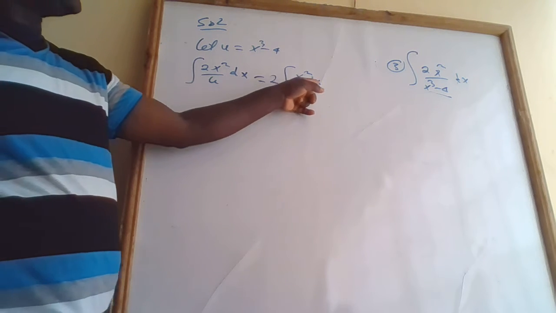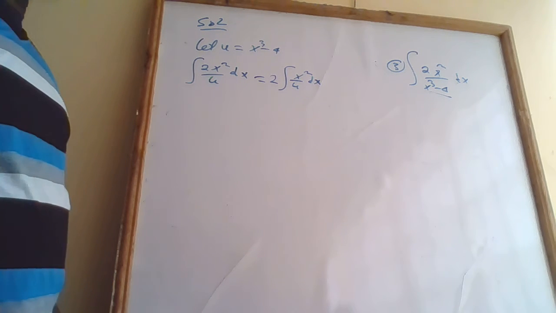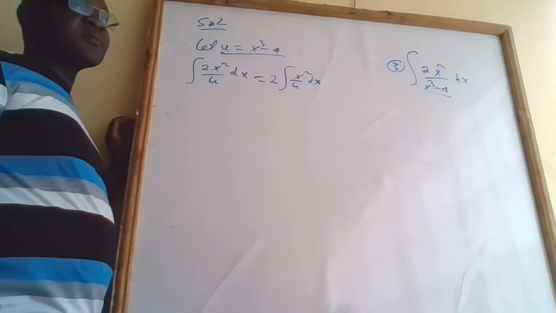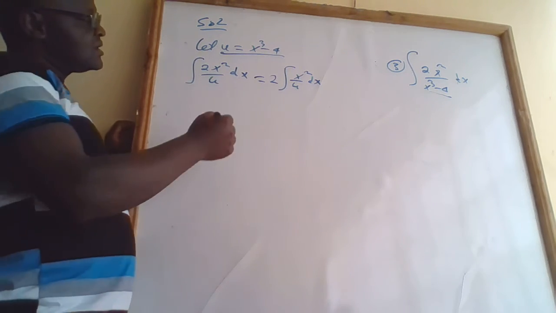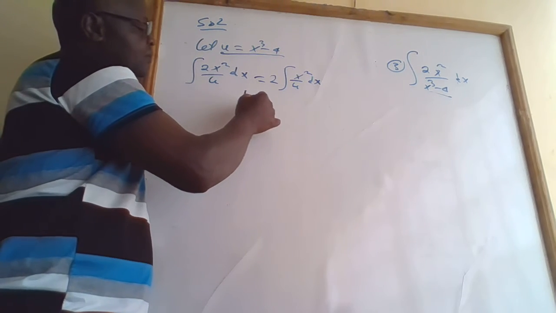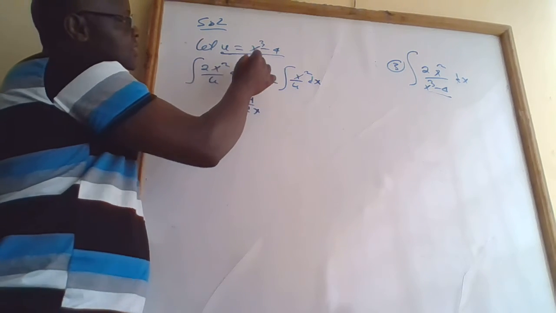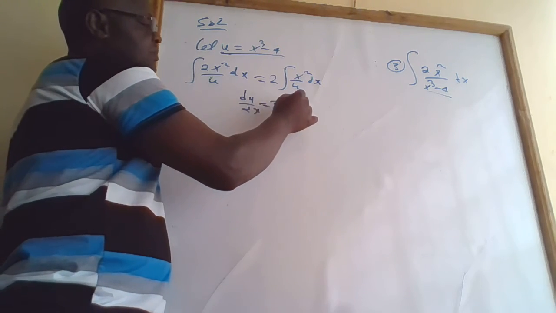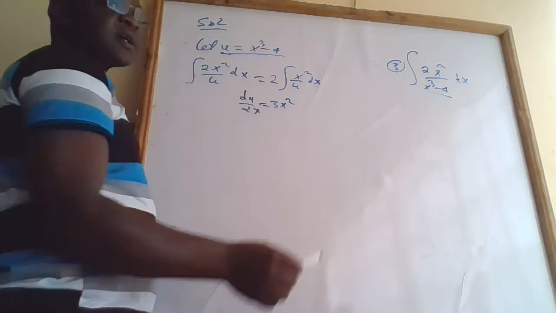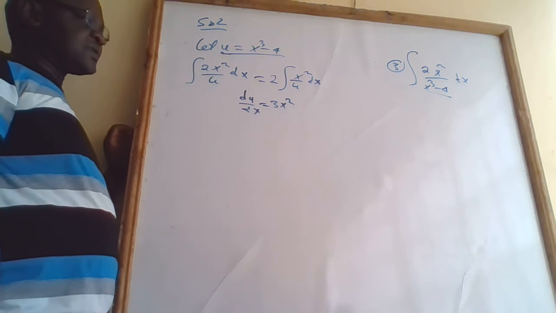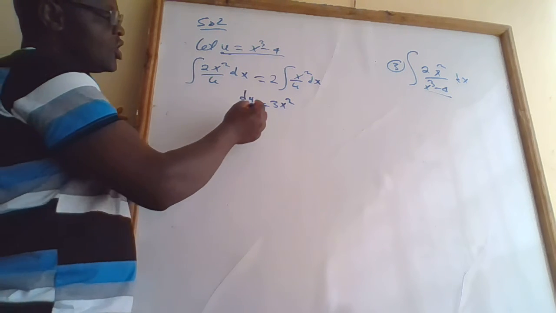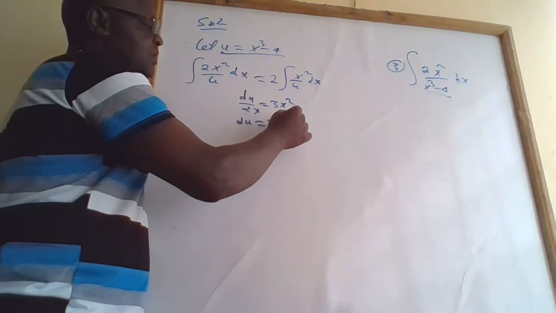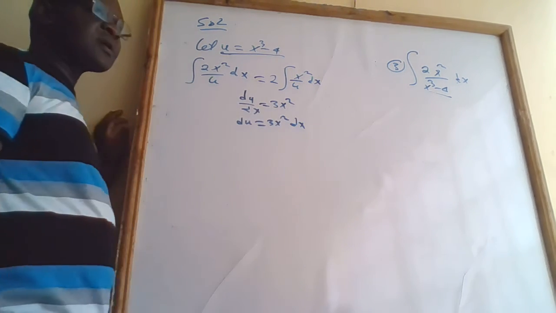Again, we need to express dx in terms of du. For us to achieve that, we differentiate the equation with respect to x. Therefore, du dx: when you differentiate x cubed, you get 3x squared. When you differentiate negative 4, you get 0 because it's a constant. So this is the same as du equals 3x squared dx.